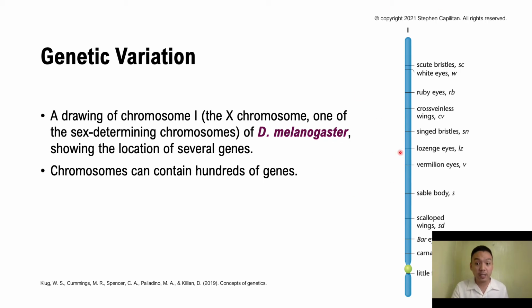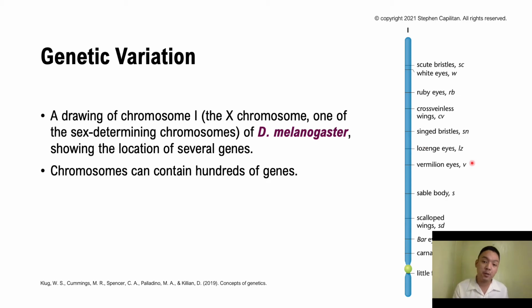very visible using the chromosome of Drosophila melanogaster, chromosome 1, the X chromosome, one of the sex-determining chromosomes of the fruit fly. Several genes have been located, like club bristles, white eyes, ruby eyes, cross-veinless wings, singed bristles, lozenge eyes, vermilion eyes, and many more.